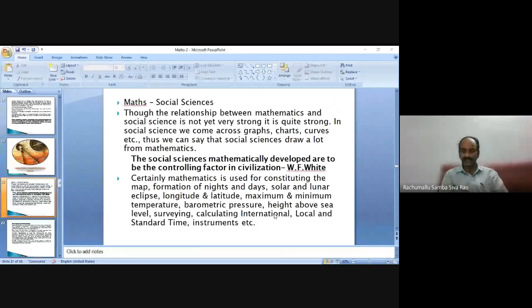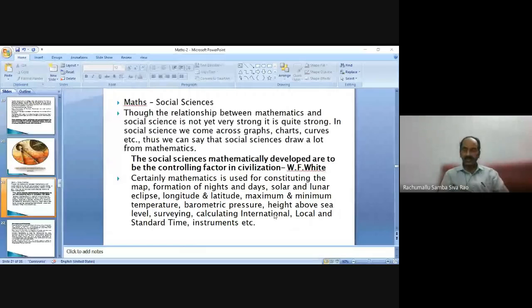And in formation of nights and days, in those calculations also we have to apply mathematical fundamentals, and also for solar and lunar eclipse. Longitude and latitude, particularly degrees, the concept of degrees from mathematics is applicable here.